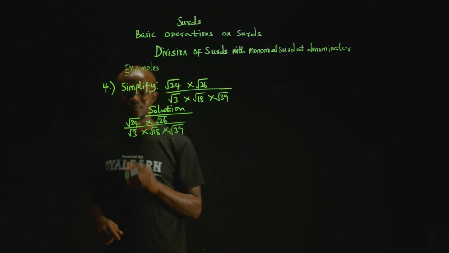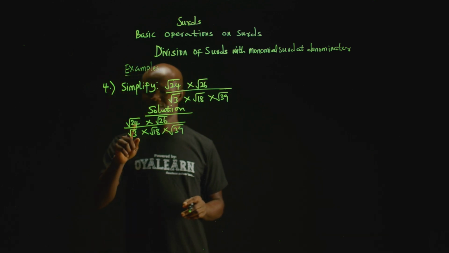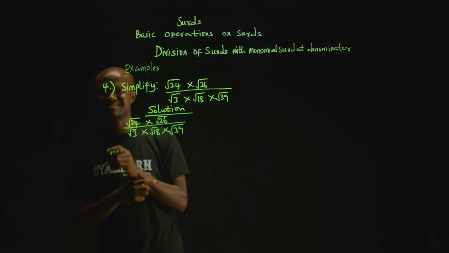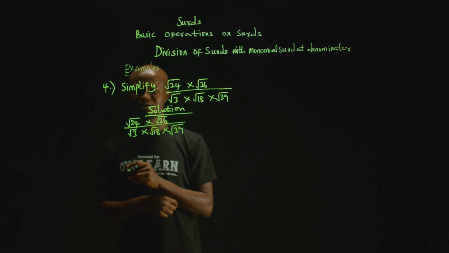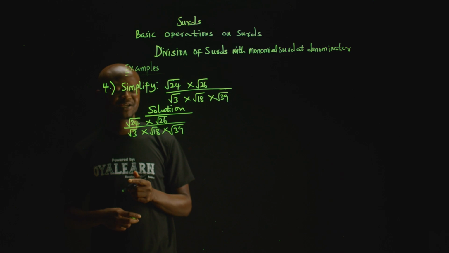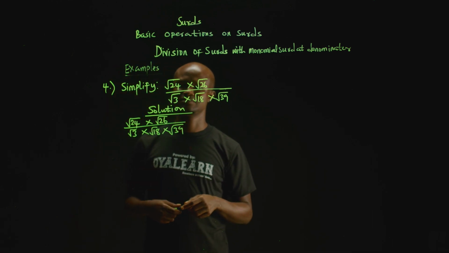Now, from here we have root 24. And looking at 26 here also, root 26 is an irrational number.